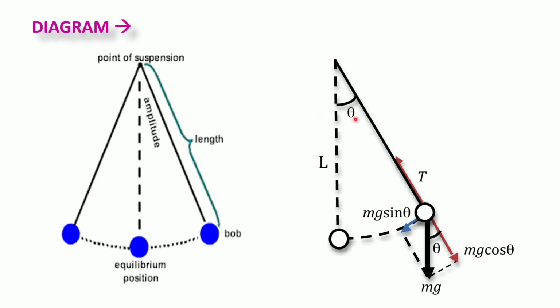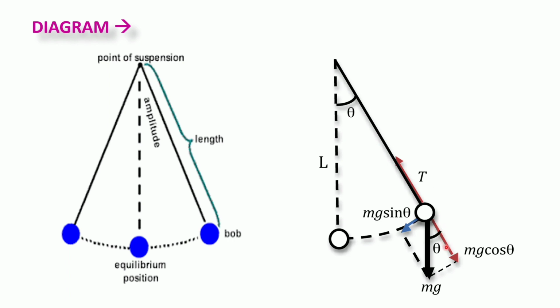As these two are parallel to each other, this angle is also equal to theta. Therefore, we can resolve mg into two components, mg cos theta, and the other component perpendicular to this one, mg sin theta.